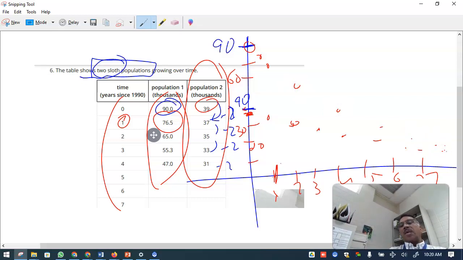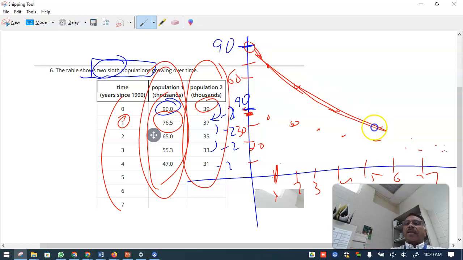I'm not going into too much detail, but the population A is decreasing exponentially. There's a decay there, and you can see this going down. But the other one is linear because it's going down by 2, and the other one is decaying.